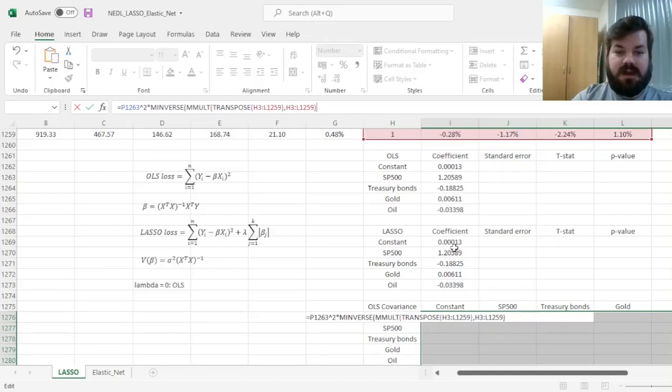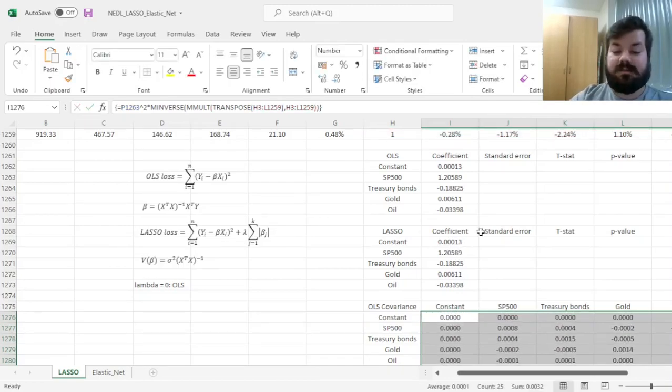And then we close the appropriate number of parentheses and enforce this matrix multiplication using Shift-Control-Enter.